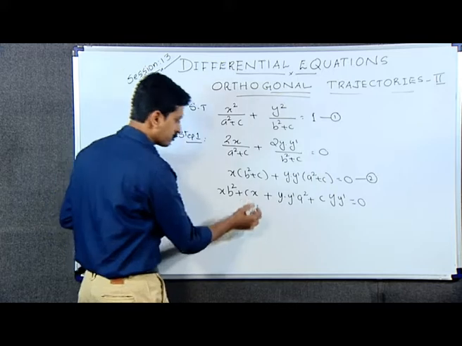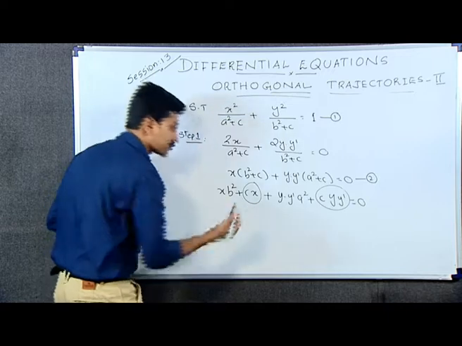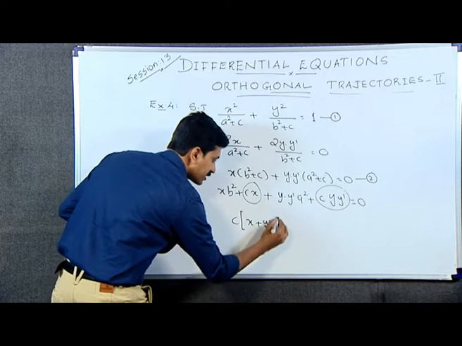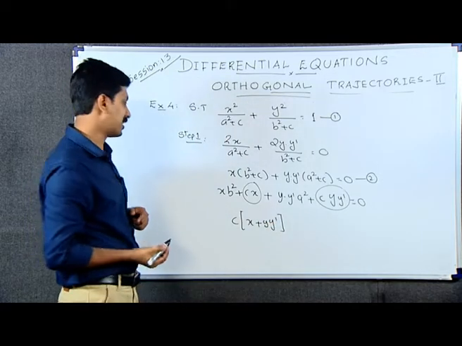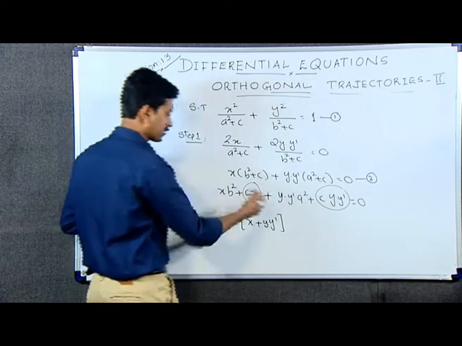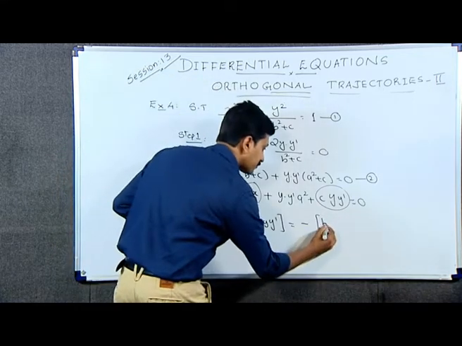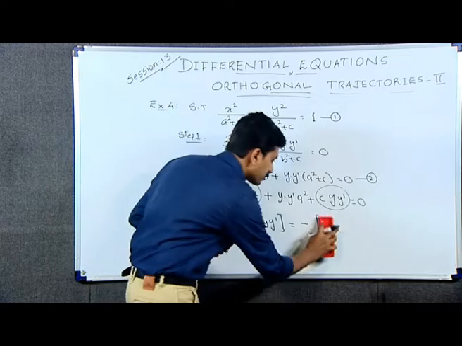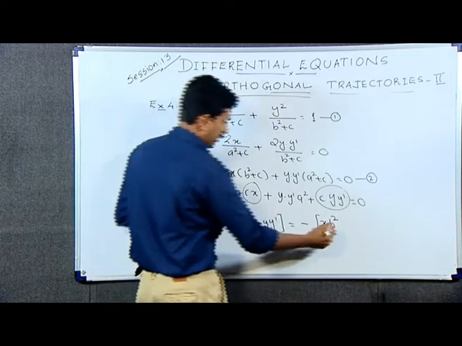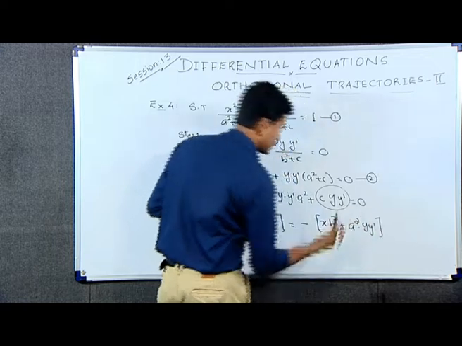I am taking the terms containing c as common, therefore c into x plus y dash, and taking all other things to the right side, minus x b square plus a square y dash.